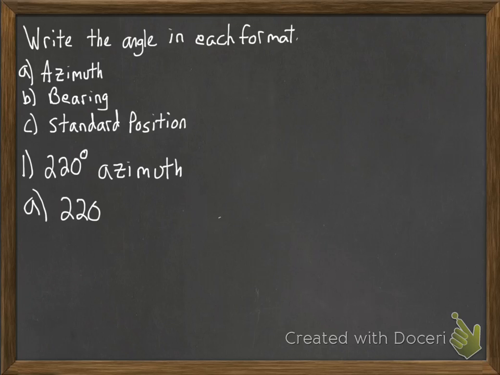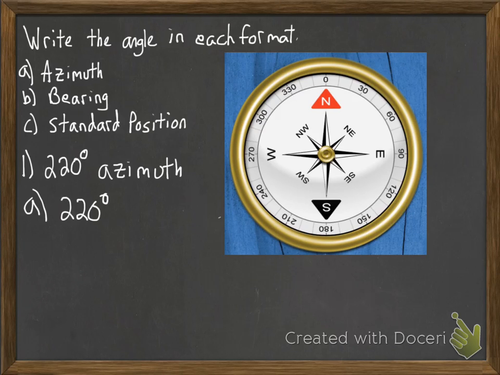And what exactly is a 220 degree azimuth? Well, we pop in our compass here, and a 220 degree azimuth will come out from our center and stop here at 220 degrees.